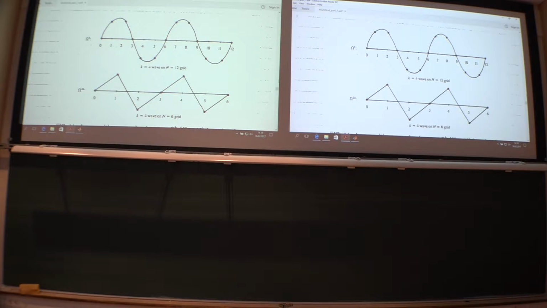So in meters, the wave is exactly the same, if you look at the wavelength, but we have fewer points to describe it, so now it appears more high frequent on a coarse mesh. That's the whole point.